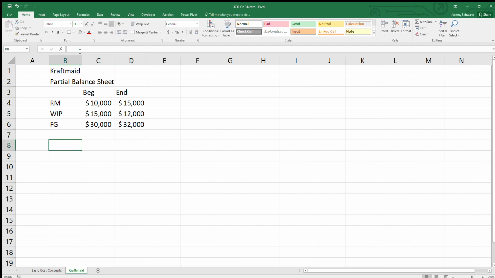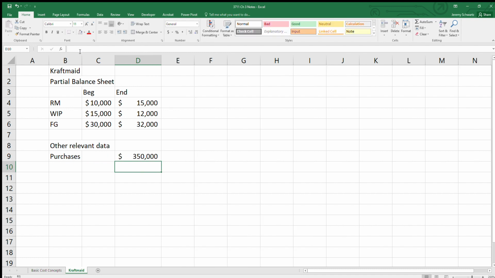And then other relevant data. So we would have purchases of raw materials of 350,000 throughout the year. And notice how Excel sometimes likes to think ahead, and so it's like, okay, you've done everything else with dollar signs and 0 decimal places, so we'll go ahead and do that as well.